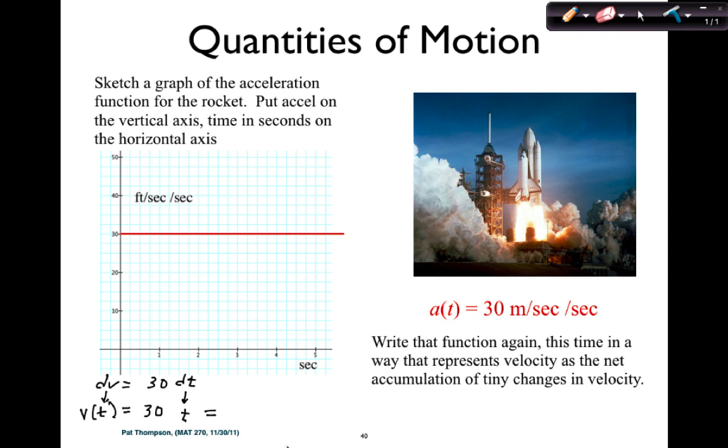Can you do that? Should be able to. Been doing it all semester. So express that 30t in a different way. Express it as the accumulation of tiny changes in velocity. And we'll spin the wheel and see if you got it.